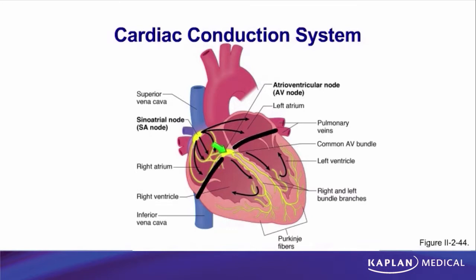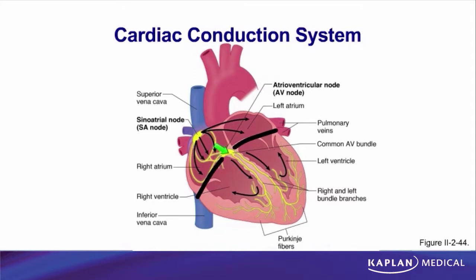First is that the only normal electrical pathway for a depolarization to get into the AV bundle, and therefore into the ventricle, is through the AV node. So if that depolarization that was initiated at the SA node wants to get into the AV bundle, it has to go through the AV node to do that.